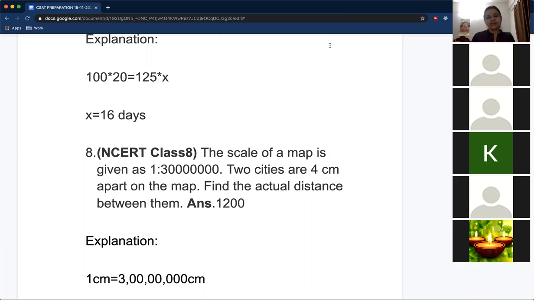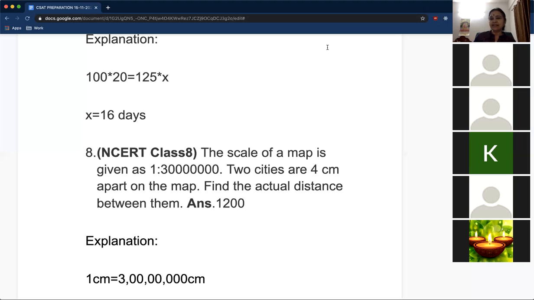Is it direct variation or inverse variation? It's direct. So it is 4 into 3 crore centimeters.